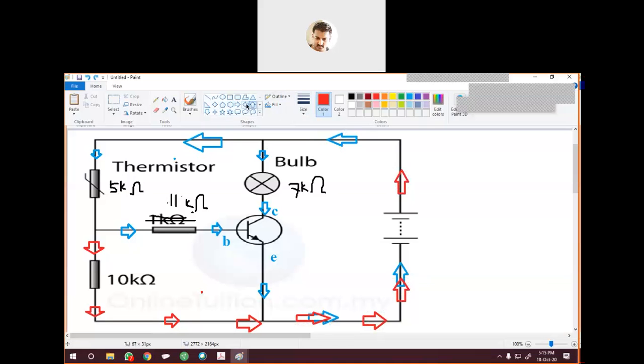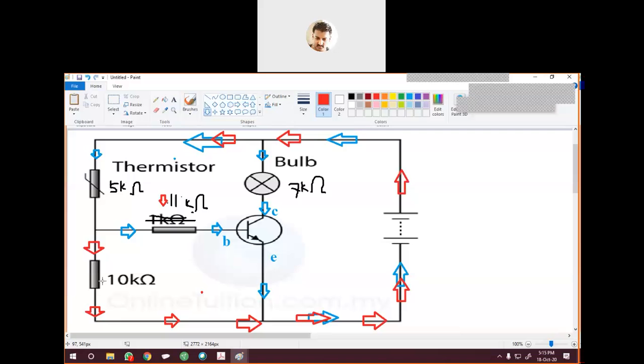So, sir, the kilo ohm must be between 5 to 10? The kilo ohm value can be anything as long as this part is lower than this guy, the 10. Then only will the current pass through the base. Sir, if we change the 11 to 6 and this 10 to 5, same thing?